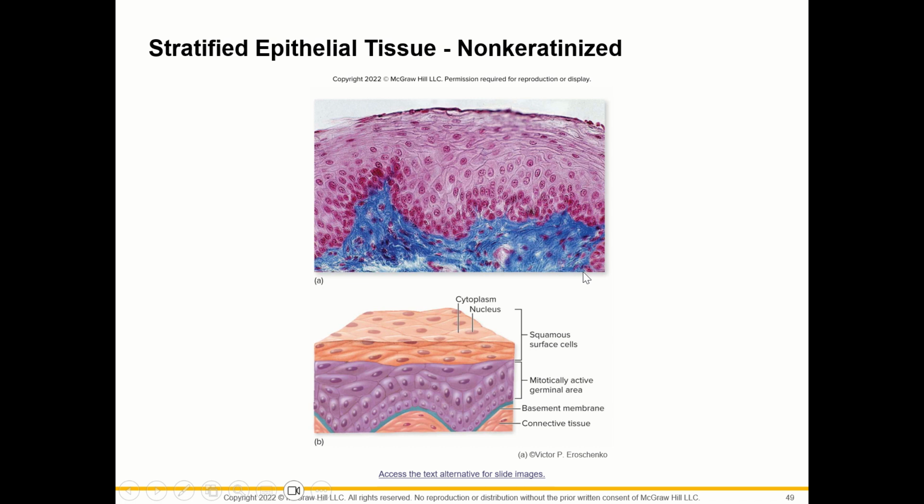So the basement membrane is the union of the epithelium and the connective tissue below. These lower cells are nourished by the underlying connective tissue, whereas the cells in the upper layers are far enough away that they are dead.